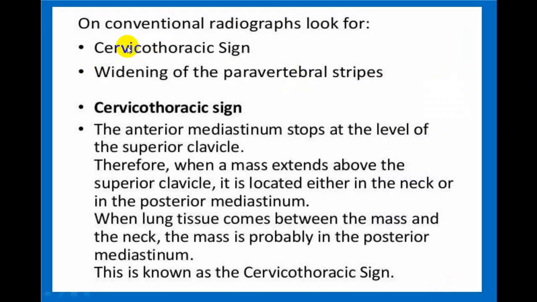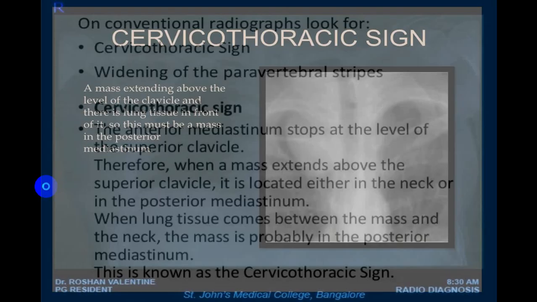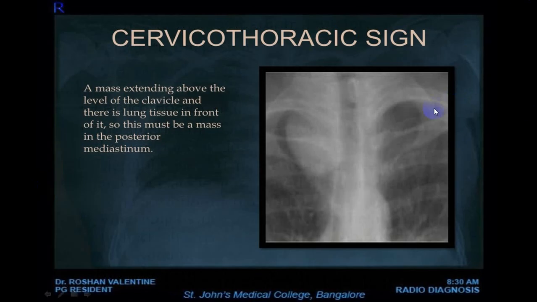There is one sign called the cervicothoracic sign. So, I will just explain directly here. Now, in a normal person, if there is a mass arising from the mediastinum, the superior mediastinum stops at the level of the clavicle. So, if you see at any time a shadow which is above the clavicle, then we call that the cervicothoracic sign.